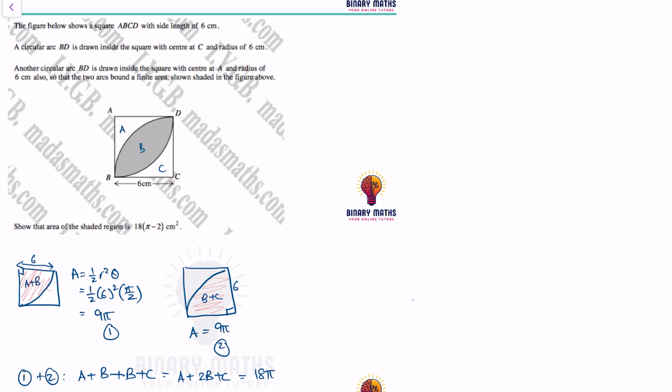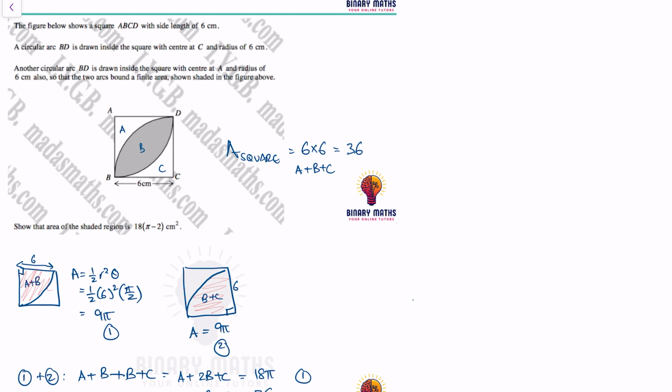But because this is a square, the area of the square is equal to 6 times 6, which is equal to 36. And that is A plus B plus C. So I've got also A plus B plus C is equal to 36.